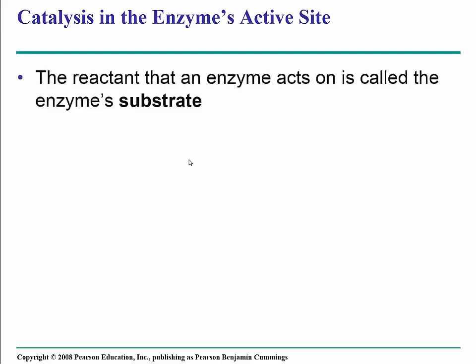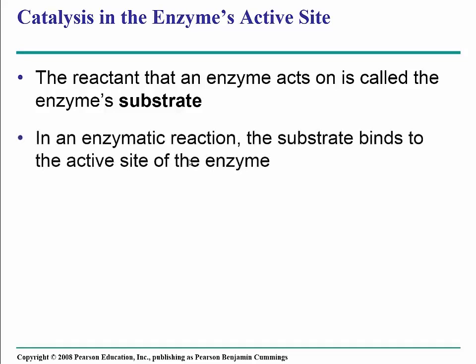So the reactant that an enzyme acts on is called the enzyme's substrate. So we're talking about chemical reactions. It's a reactant, truly, but it's a special kind of reactant because it's something that binds to an enzyme, and that is the substrate. So if you want to take a look at your lab handouts, identify what the substrate is for the experiment you're going to be doing in lab this week.